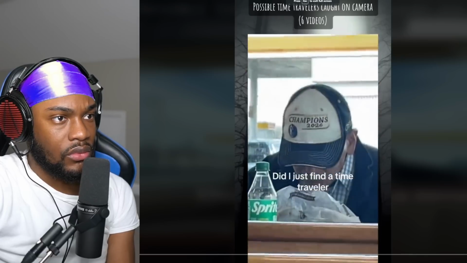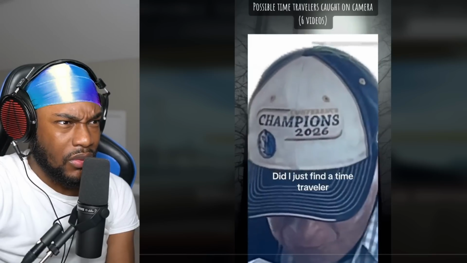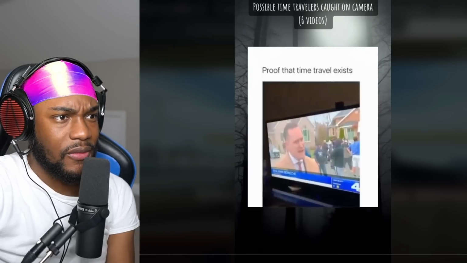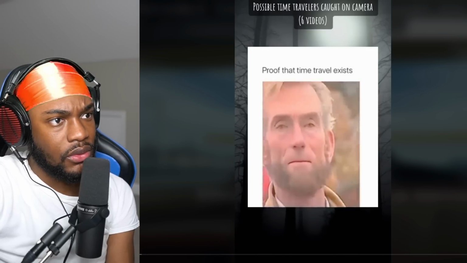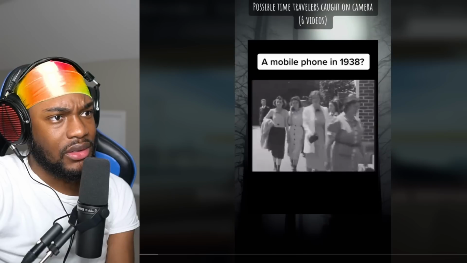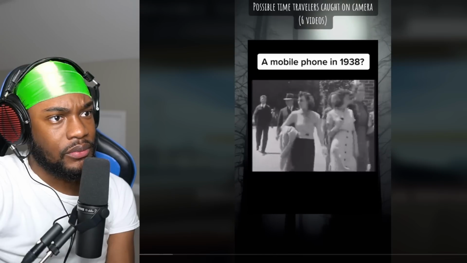I'm telling you all, their technology back then was way more advanced than it is now. Man, 26. Tell me that ain't... Oh, Abraham Lincoln? Mobile phone in 1938.